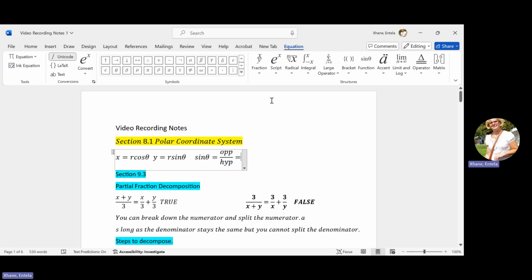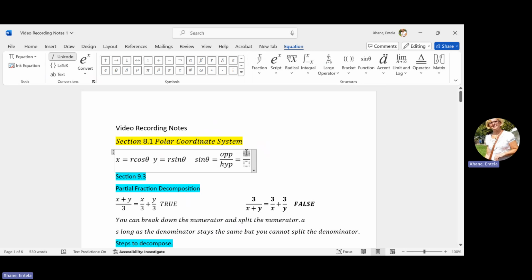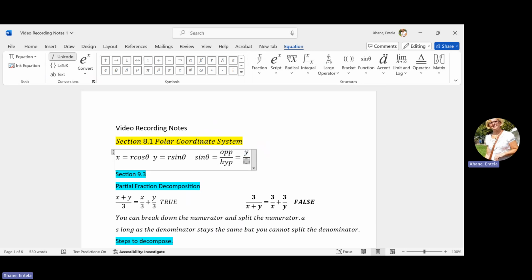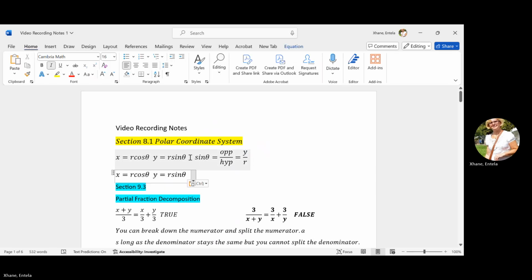Now we can write this ratio as the ratio of the opposite side, which is the coordinate y, over the radius. And then if both sides are multiplied by r, we get y equals r sine of theta.